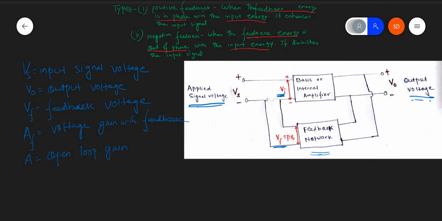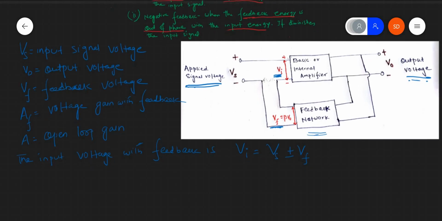Now, the input voltage with feedback is given by Vi is equal to Vs plus or minus Vf. This plus sign is used for positive feedback and minus sign for negative feedback.